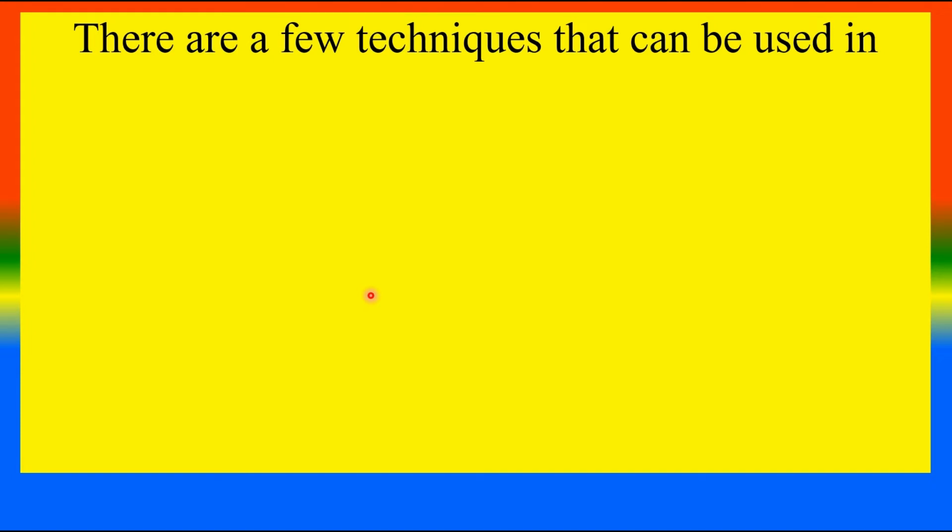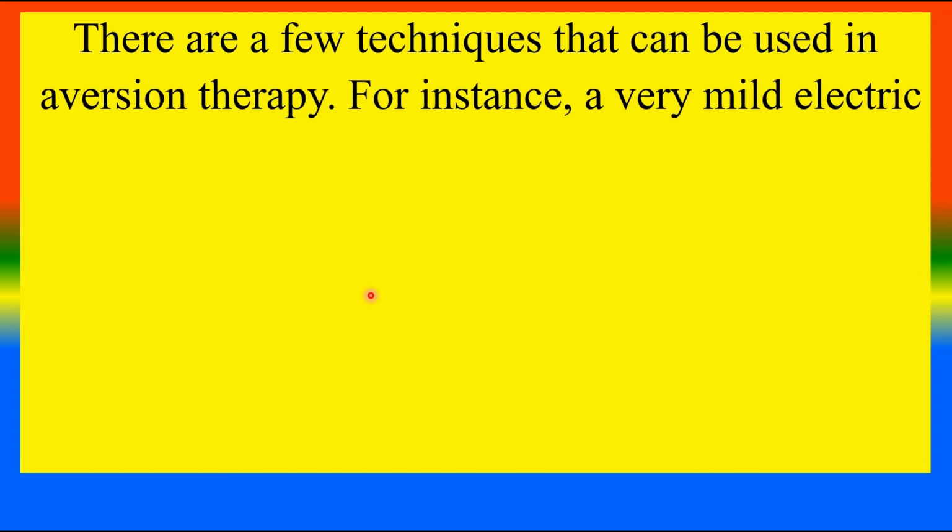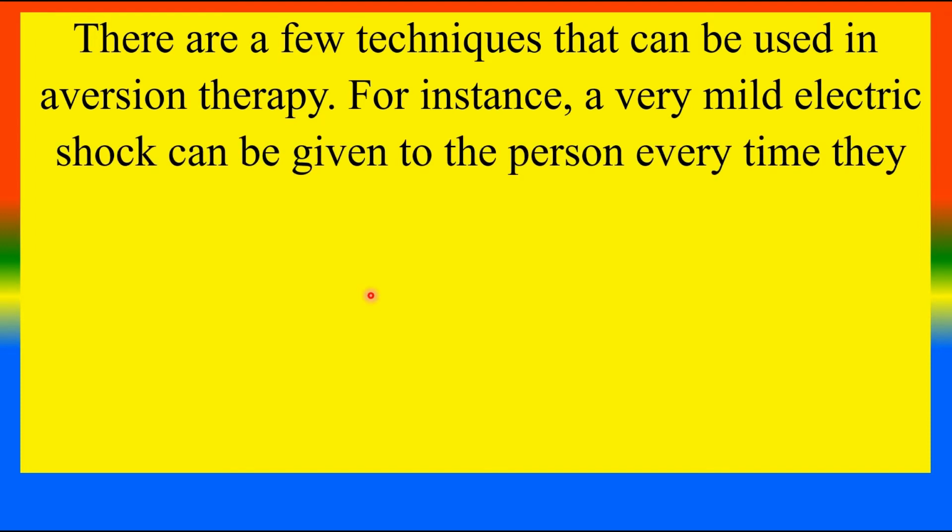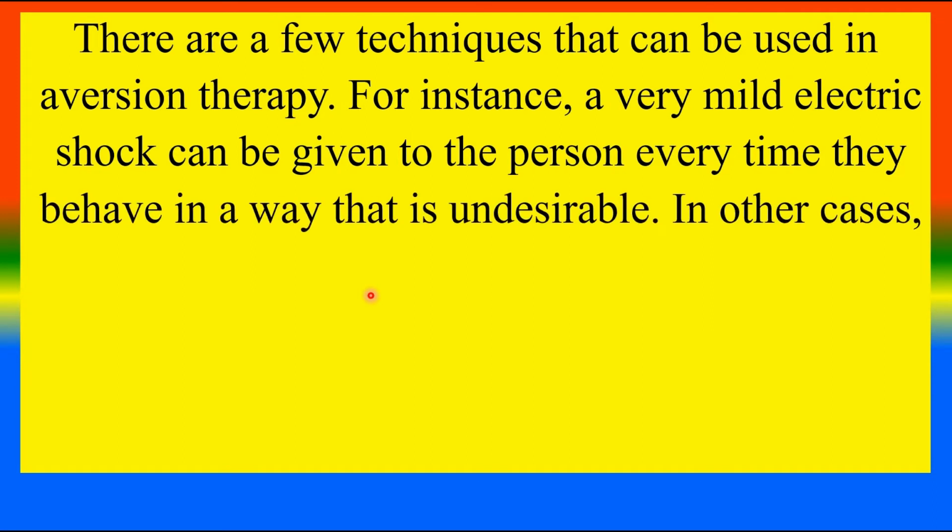There are a few techniques that can be used in aversion therapy. For instance, a very mild electric shock can be given to the patient every time they behave in a way that is undesirable.